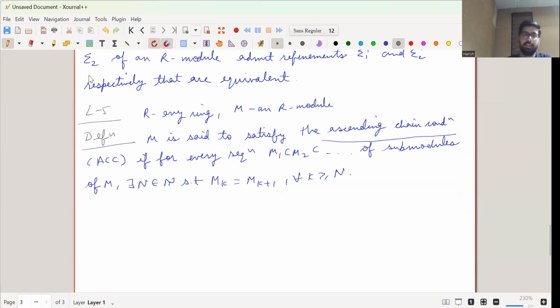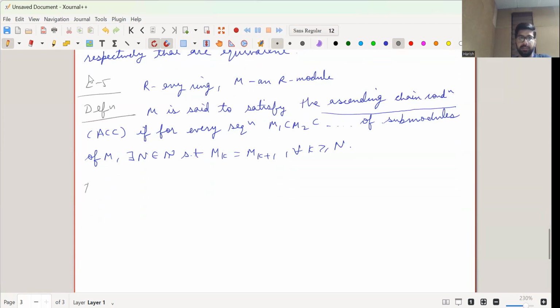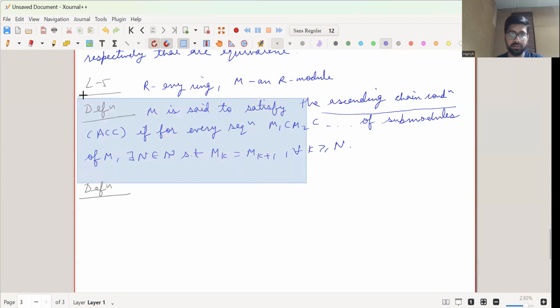then in the same spirit, one can define a descending chain condition. In fact, I can just copy paste it and then do the necessary changes. Won't be possible. Okay, let me just write it. It's essentially the same, only some changes needed.